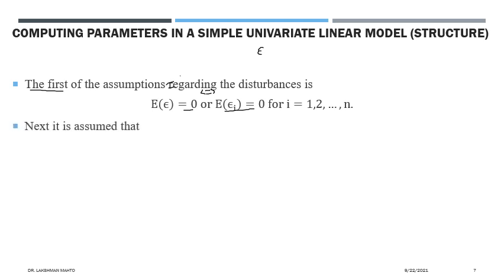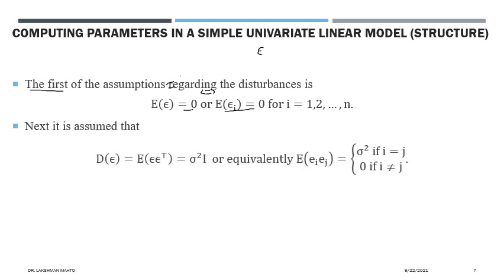Next, it is assumed that the disturbances are mutually uncorrelated, and they have a common variance. If you take any two disturbances, epsilon i and epsilon j, the expectation of the product of those two will be 0.